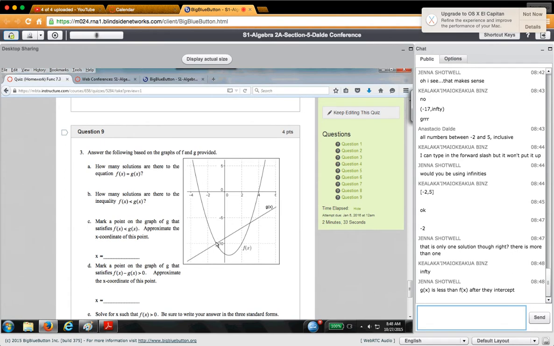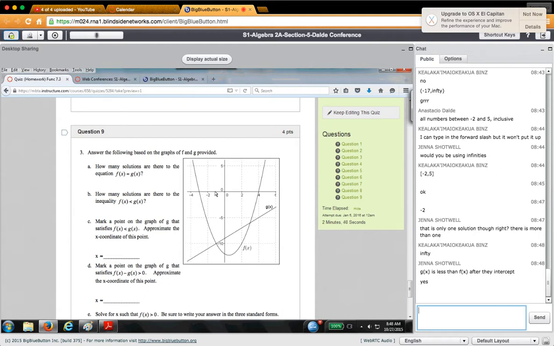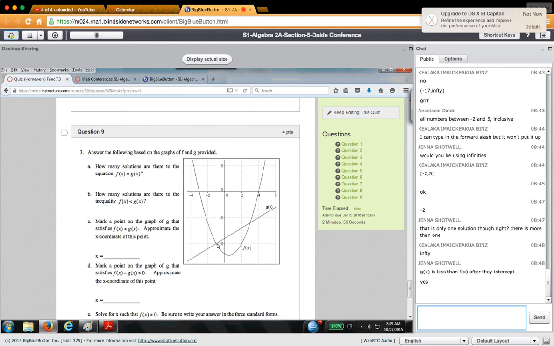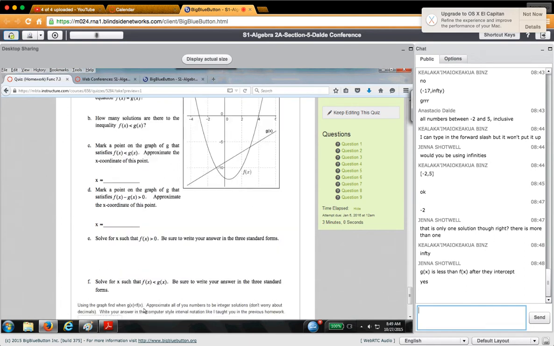Do you agree? Because at x equals -1, it's where they kind of meet up, or are equal. So I can't say one is below the other. Oh, okay. So I would say all of the numbers between -infinity and -1, and I wouldn't include -1 because I'm looking for strictly g of x is less than f of x, not less than or equal to.